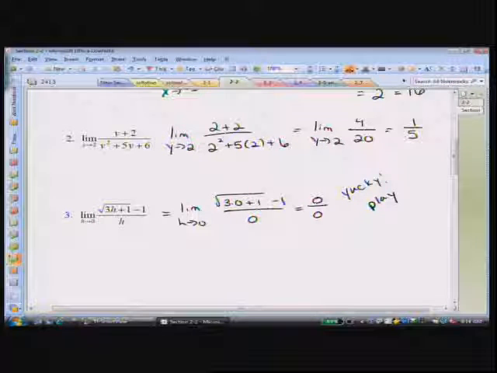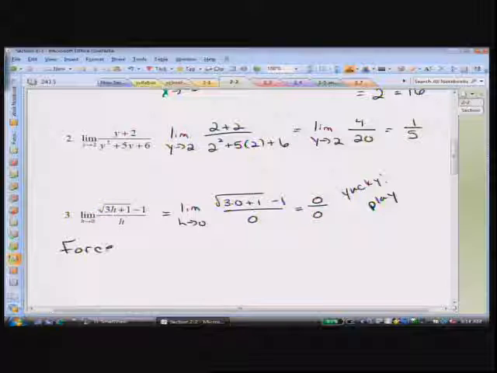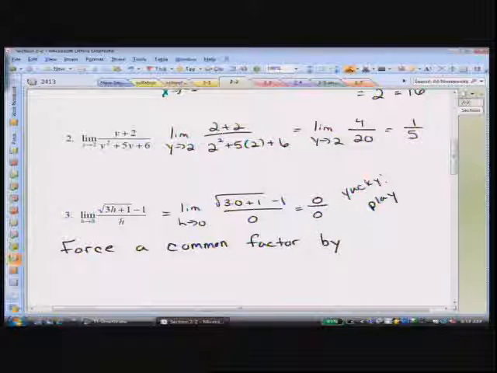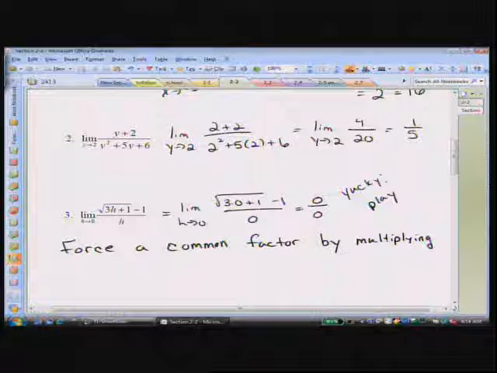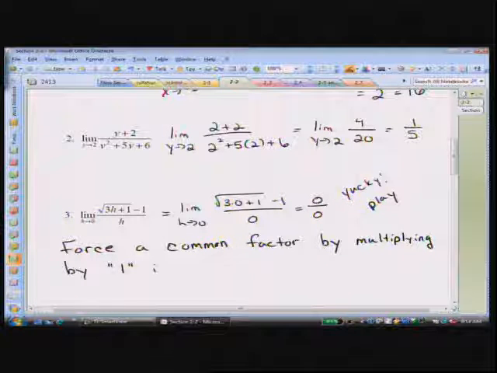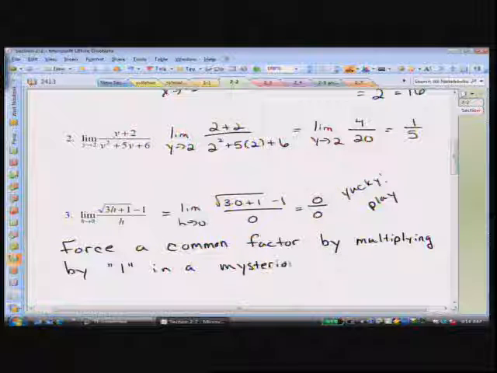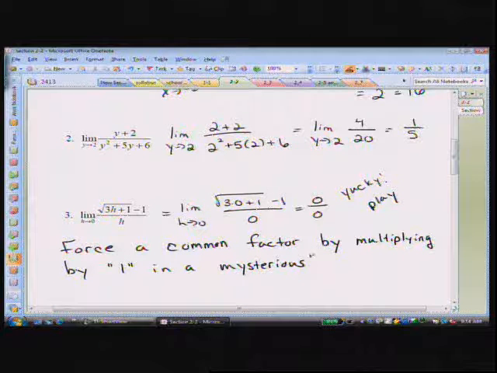So we will force a common factor by multiplying by the number 1 in a mysterious form.